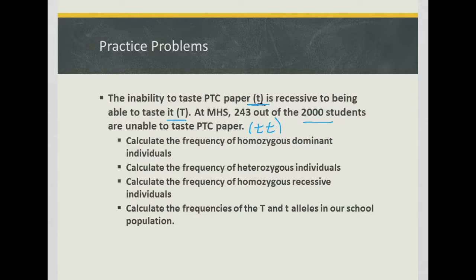So it tells me that 243 people are homozygous recessive out of 2,000. And so I can get Q squared from that.